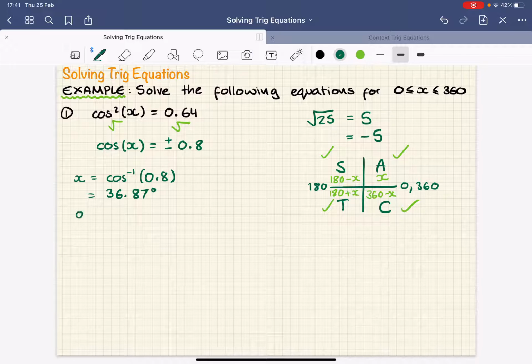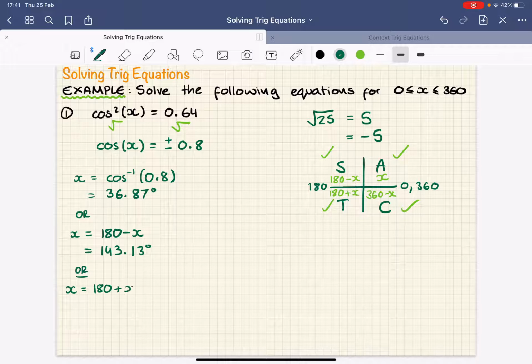Then my next answer could be that 180 take away x. So that's going to be 143.13 degrees. Or my next potential answer would be that 180 plus x, which would be 216.87 degrees.